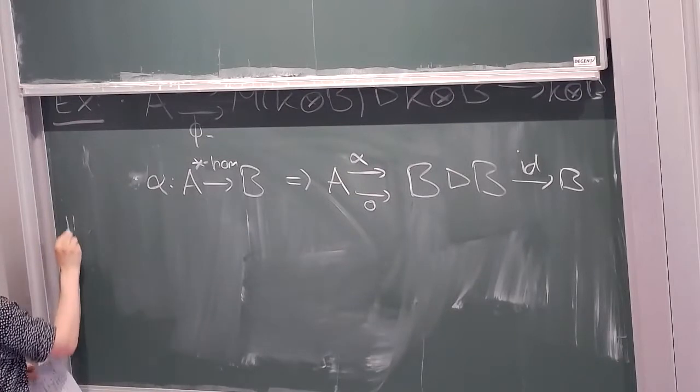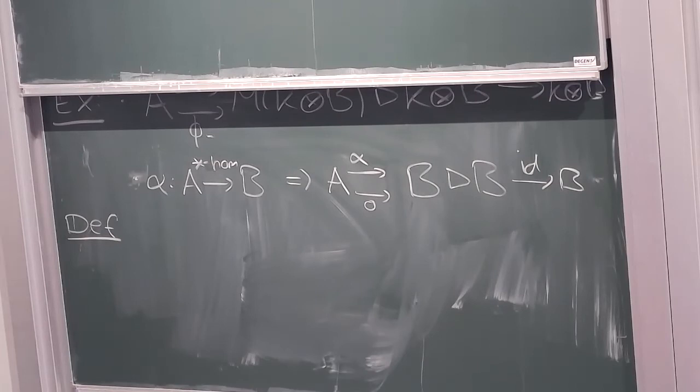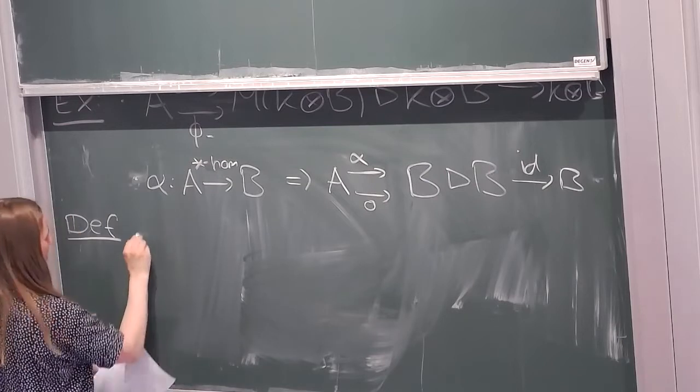Okay, so then he also defines what quasi-homomorphisms are, and they are a special case of quasi-homomorphism.